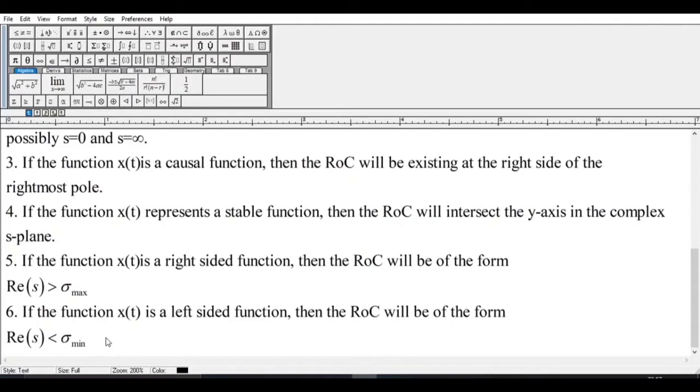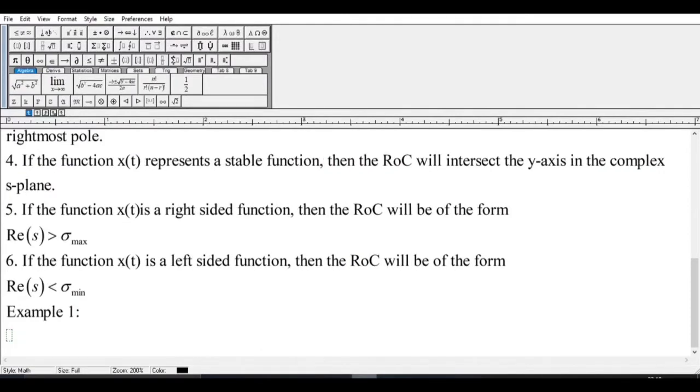Now that we know the properties, let's take a few examples in order to understand the properties of region of convergence. For the first example, I am going to take a right-sided sequence, and for the second example, I am going to take a left-sided sequence.